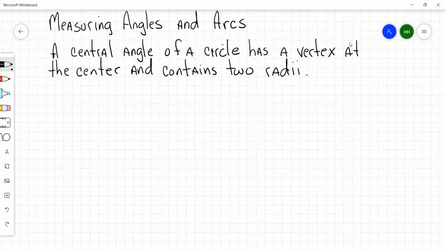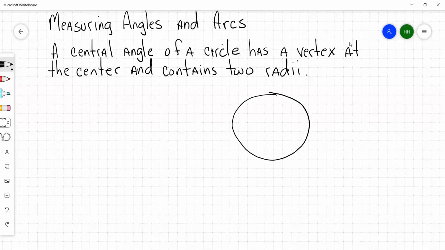And a central angle looks something like this. This angle here, ABC, that's a central angle.